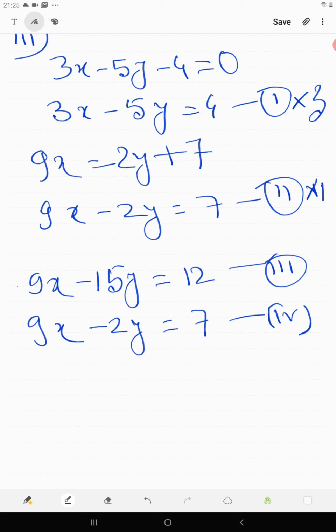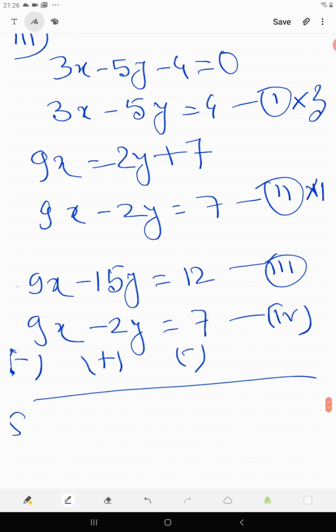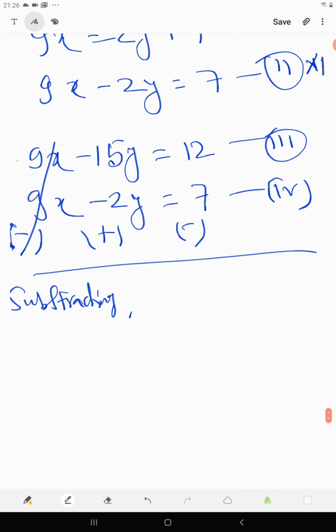So for 9x it is plus in the fourth, so it will become minus. For y it is minus, it will become plus, and for 7 it is plus, so it will become minus. Okay, and we are subtracting, so I am writing it below. Subtracting, what are we getting? 9x minus 9x cancels. Okay, then minus 15y plus 2y.